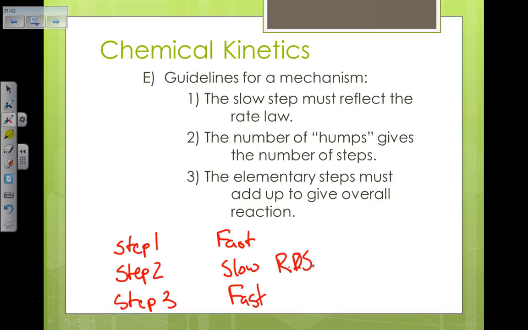However it's labeled, what you're saying is that the rate of the reaction is dependent on, in this case, step 2, because that is the slowest reaction.